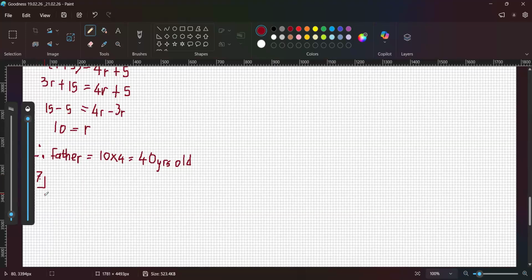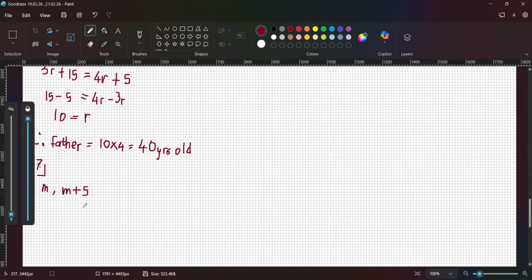So if one of the multiples is M, the second one will be what? M plus what? M plus 5.